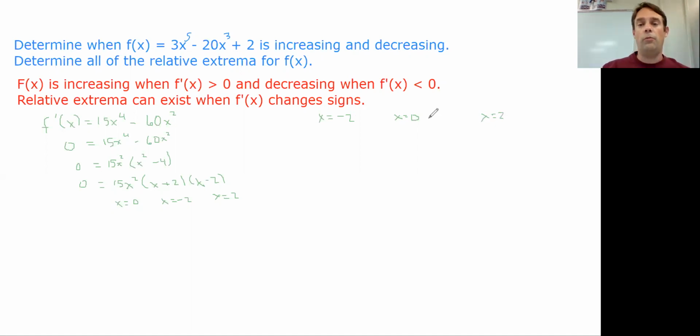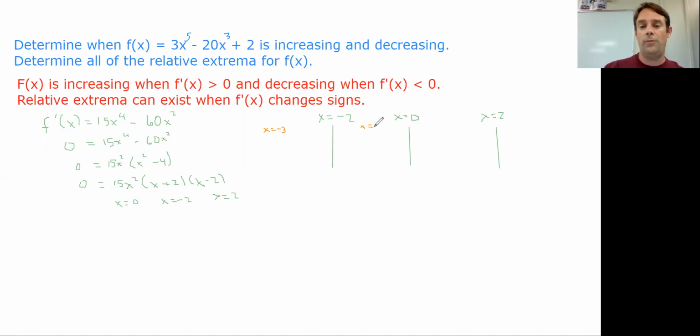Now remember, when we go to check this, I'm looking for a number in every region: a number between -infinity and -2, one from -2 to 0, one from 0 to 2, and one from 2 to infinity. We're just picking a number. We just want to know what happens. So I'm just picking random numbers that I'm going to plug into my derivative.